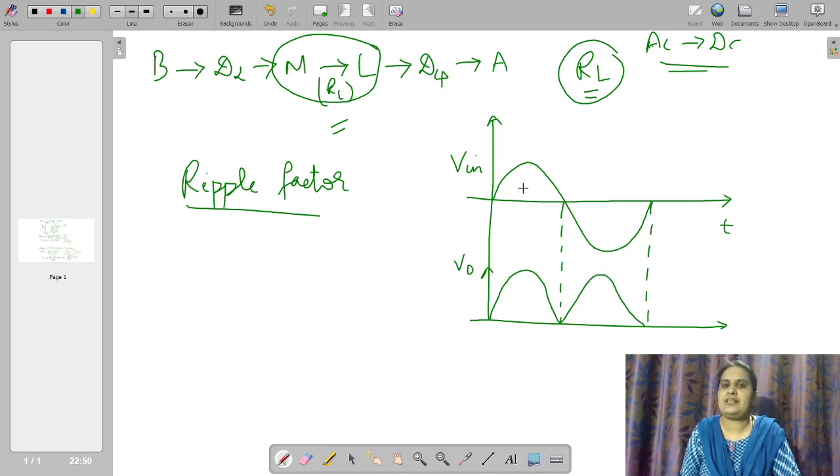So bidirectional voltage or current is converted to unidirectional voltage, with all values above the x axis. So they are all positive values.